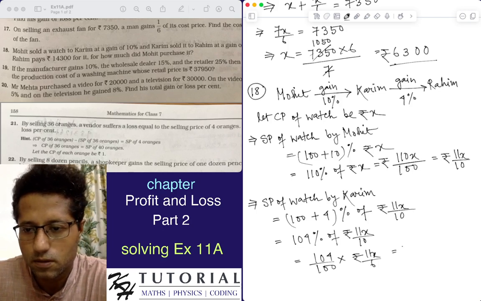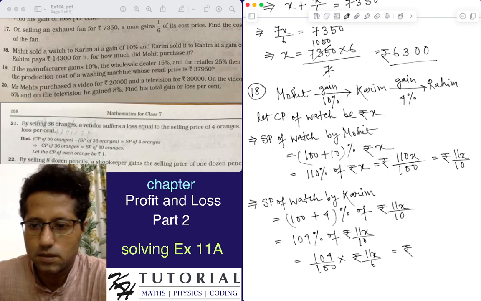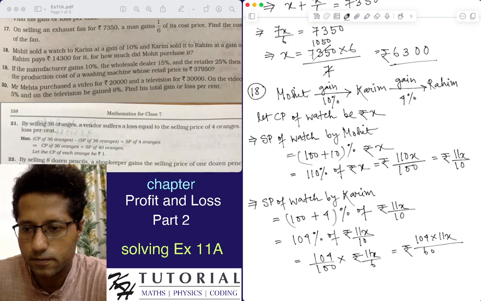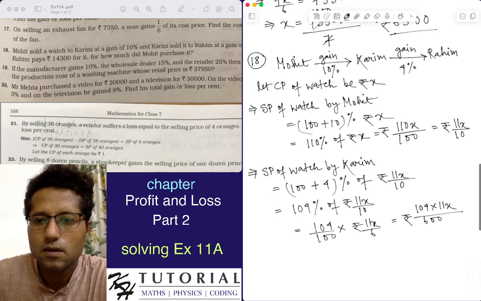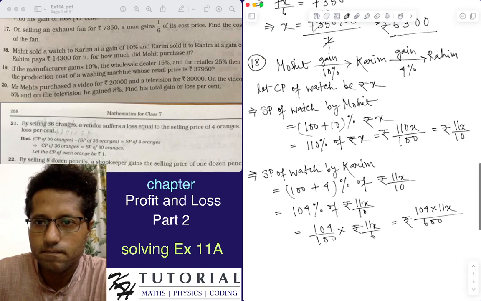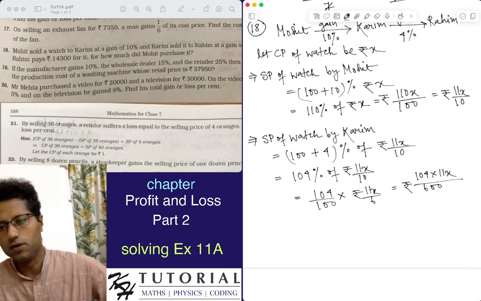This is equal to rupees 104 into 11x divided by 1000. Okay, so the selling price of Karim we have found to be this, rupees 104 into 11x by 1000.